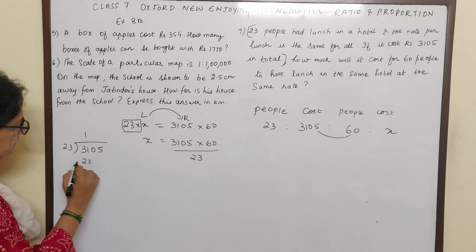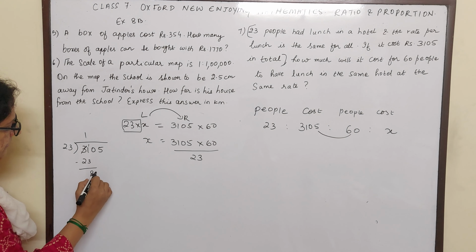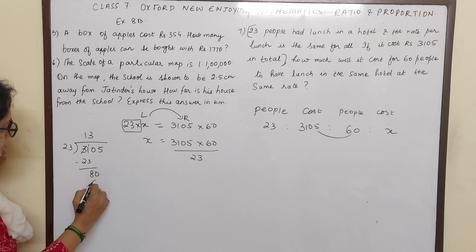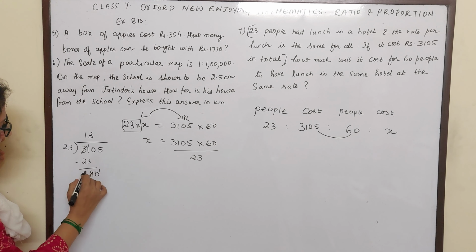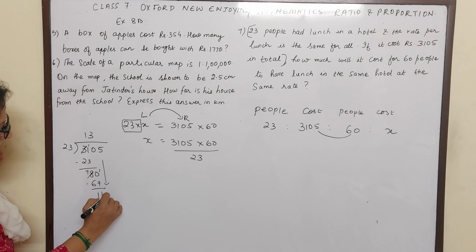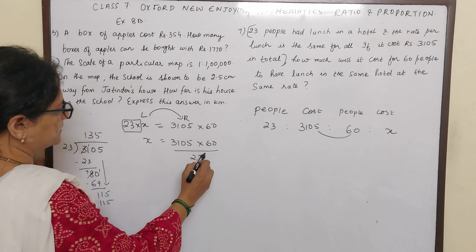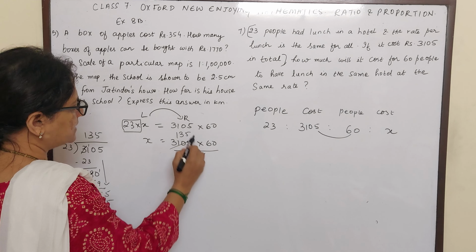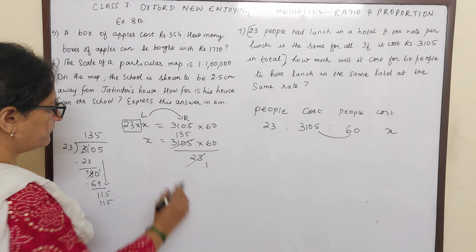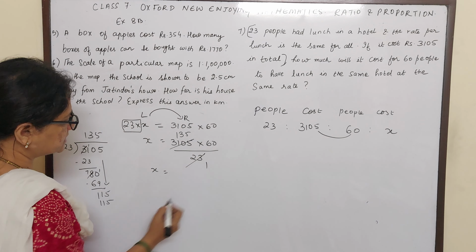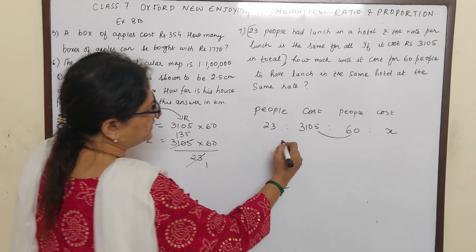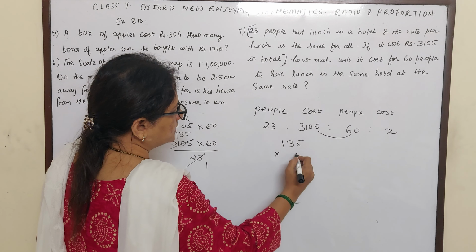23 ones are 23, 23 threes are 69, 23 fives are 115. So 135 times. 130 times, and 135 into 60, how will you do it? 135 into 60.